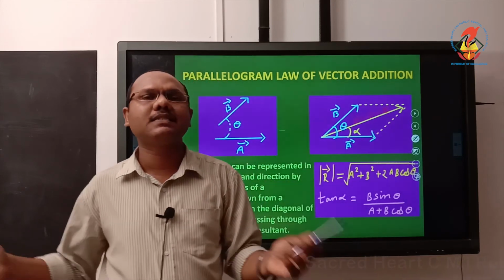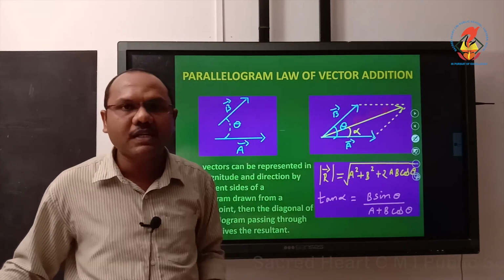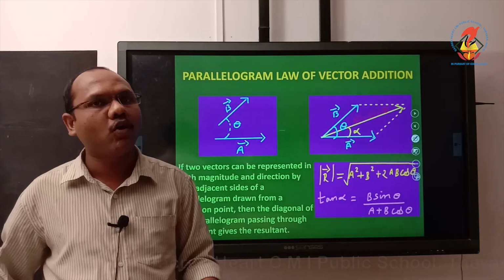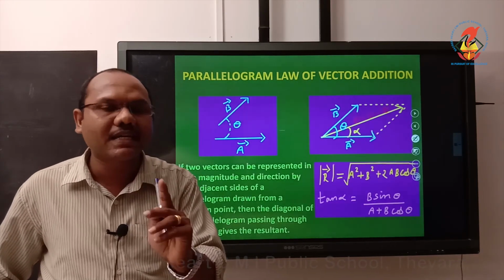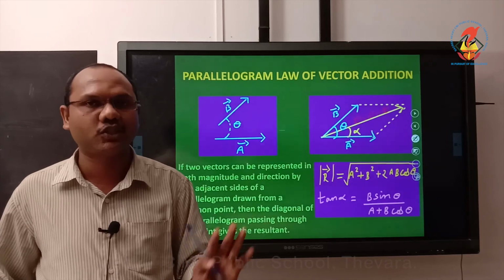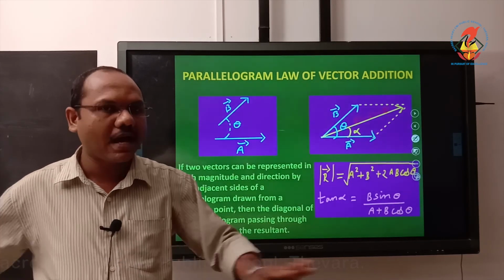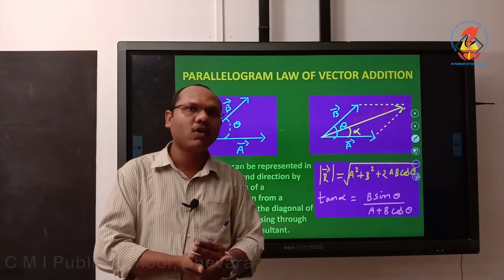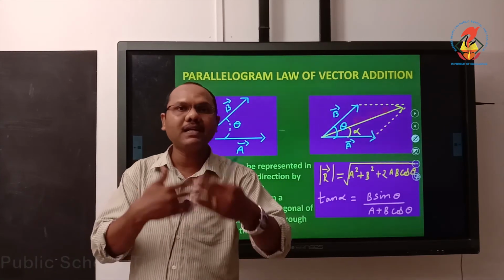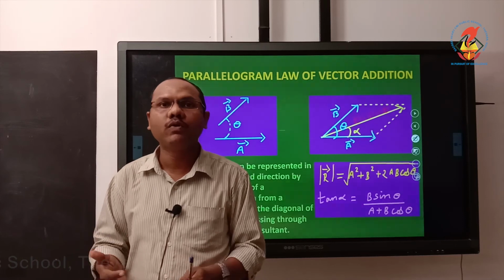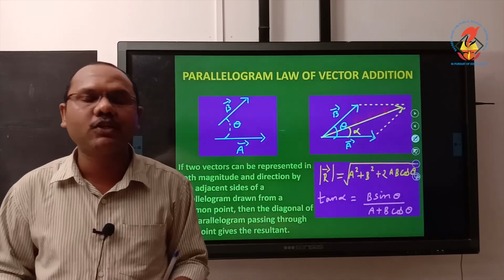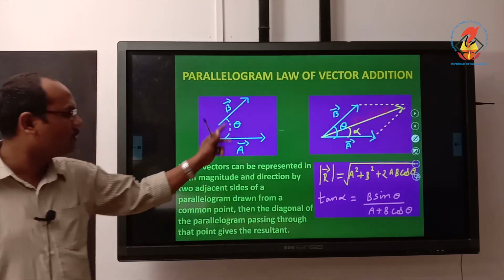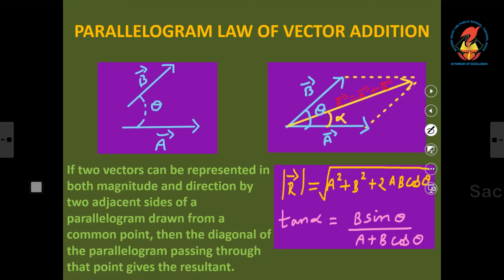Both of them are in the same direction, which means whether I am taking triangular law or parallelogram law, I will always get the answer in the same direction. Same values, same direction, everything same. So triangular law and parallelogram law, both are different considerations to do vector addition when two vectors are in different directions. Okay, so copy the figures and copy the statement also.